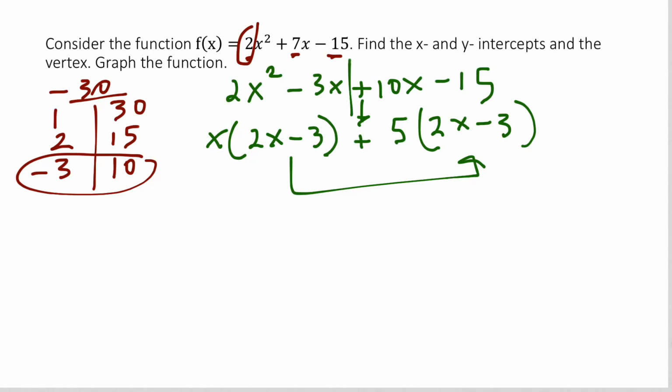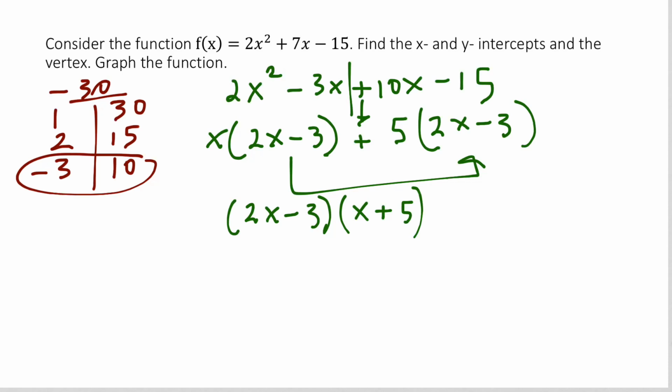All right, so now when I factor by parts, I've got 2x minus 3 times the other parentheses will have the x plus 5. And you can go ahead and verify that on your paper that if you distribute these two binomials, you will end up with the original quadratic function.